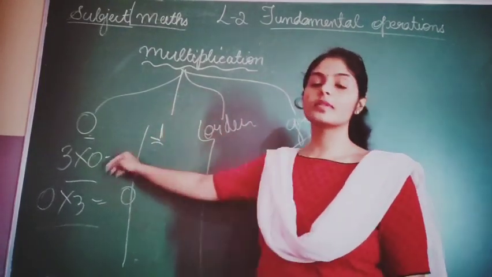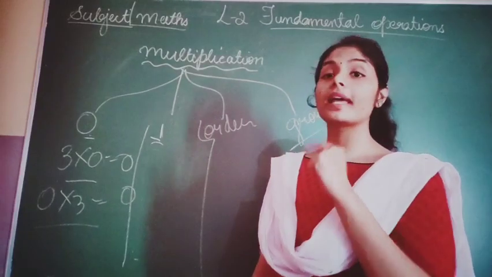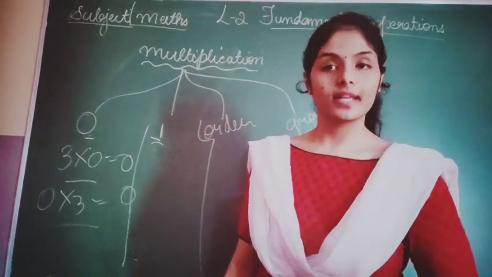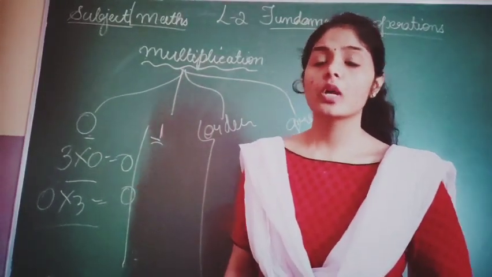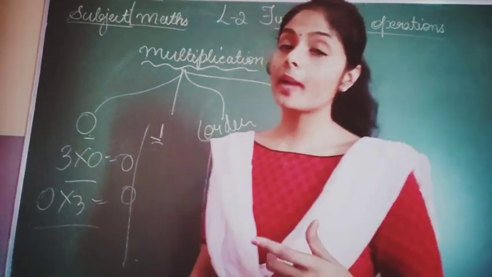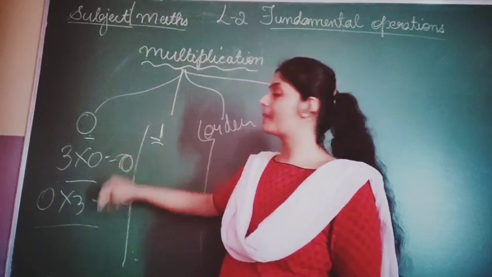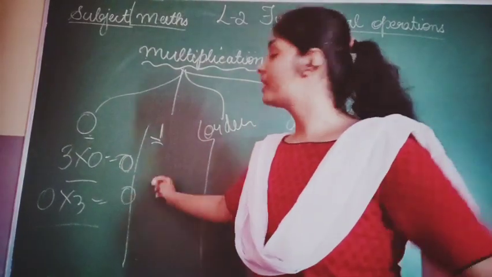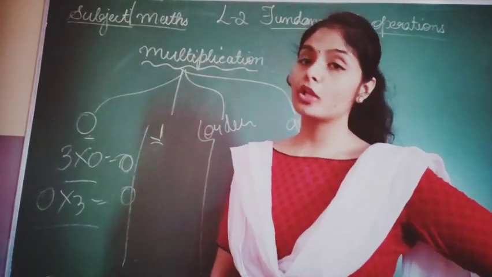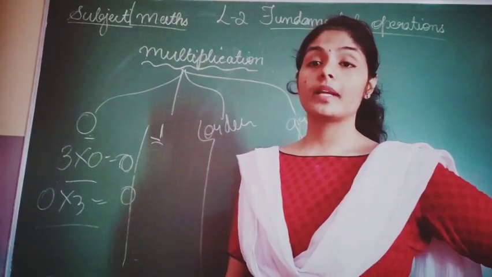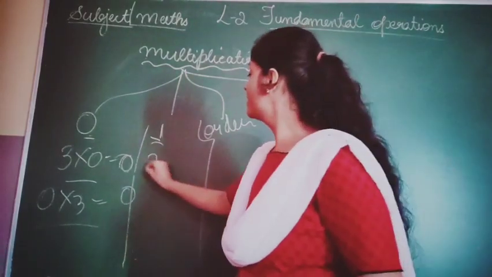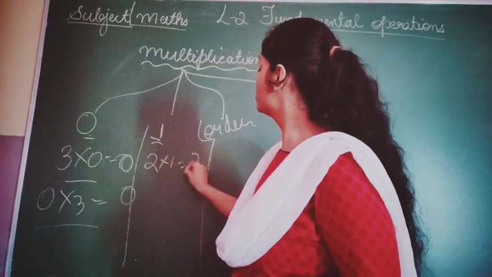Now, when I talked about 0, in your mind you thought 0 is multiplied with numbers. But if I talk about 1, what comes to your mind? 1 multiplied with any number. In the same way, if 0 is multiplied with any number, you get 0. But if 1 is multiplied with any number, what do you get? You get the number which you multiply with 1. For example, 2 1s are 2.